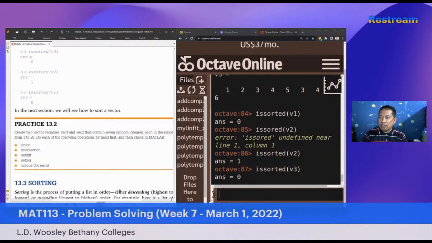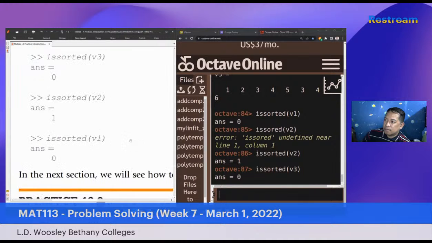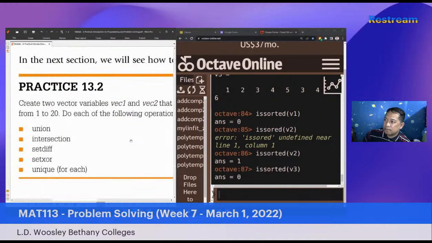So we could set the range for vec1. Let's see if we could still answer some statistics problems later.